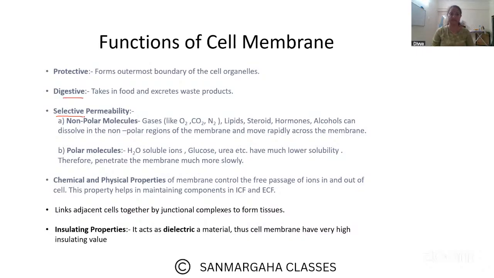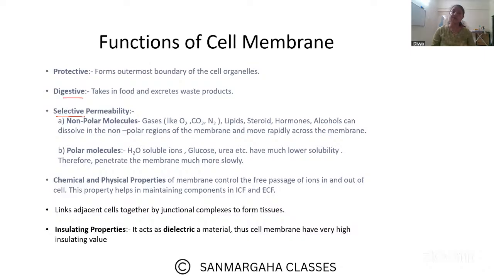As for the properties of the cell membrane, the permeable property allows molecules to pass in and out, hence keeping the intracellular fluid and extracellular fluid balanced in the cell.